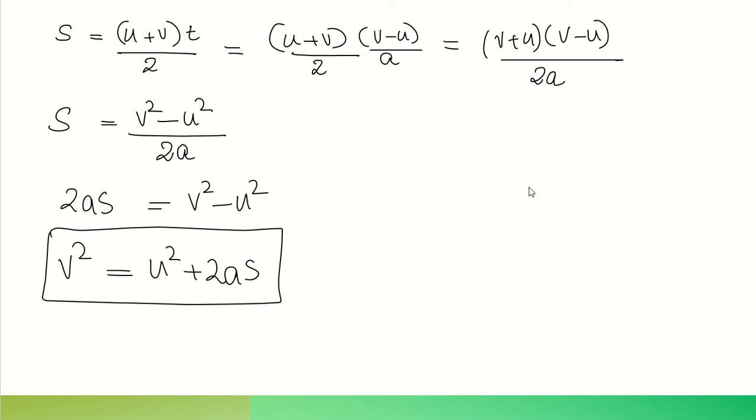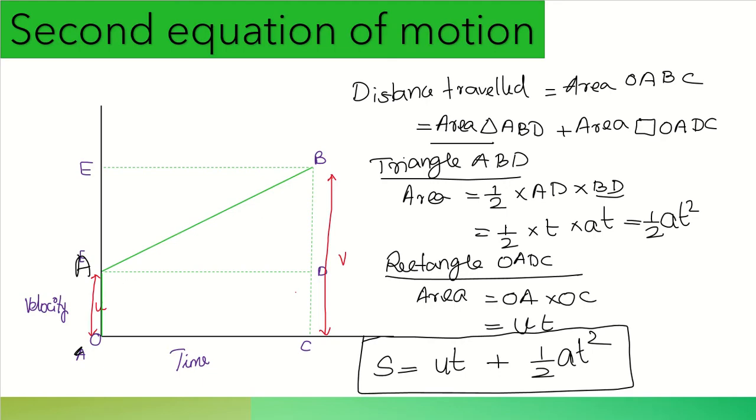First time you are learning these types of things in physics. So one easy trick you can memorize is, to derive the second equation of motion, you have to split the graph into two, a triangle and a rectangle.